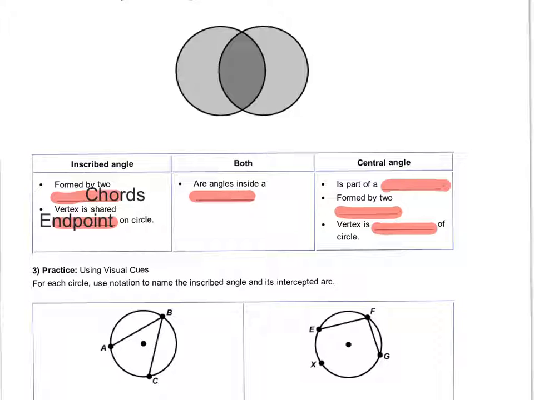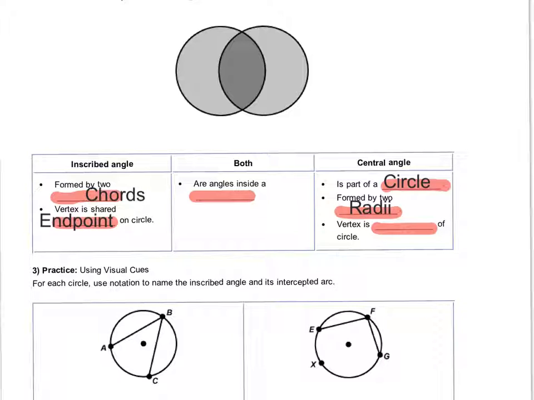Now, the central angle, that's the one we studied last lesson, is part of a circle, and it's formed by two radii. Remember, radii is just the plural form of the word radius.